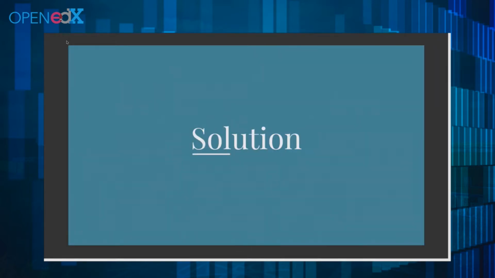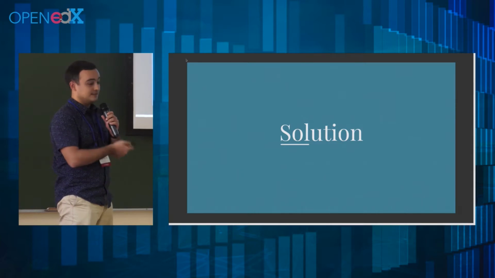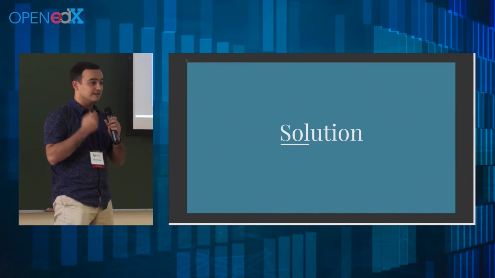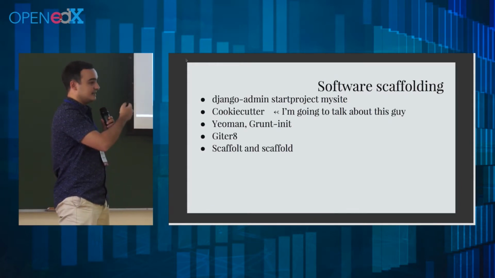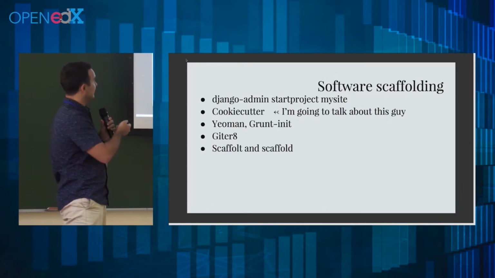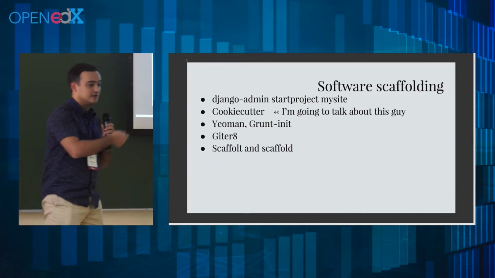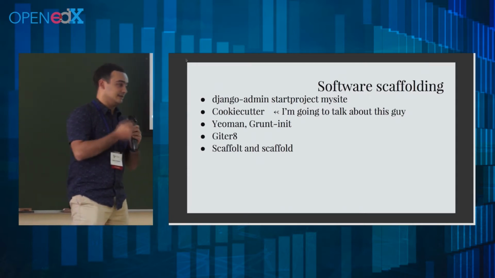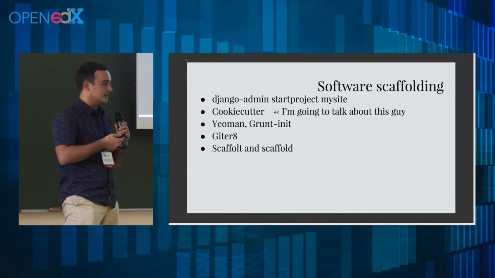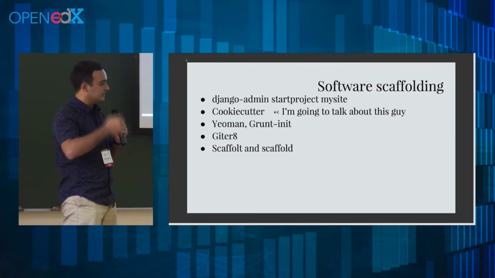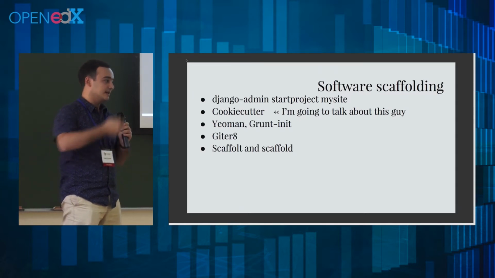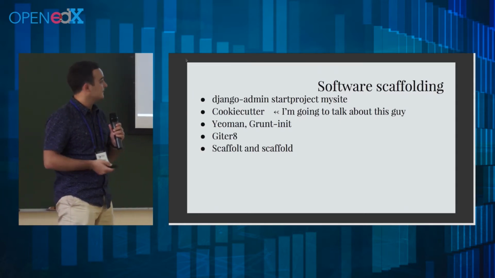Since I'm talking about that, there is a solution. The solution is named software scaffolding. If you've done some development on Django, you actually met that before, because django-admin startproject is exactly what it is. It scaffolds your new project, and there's a command line flag --template that allows you to specify your own template and scaffold the project with your stuff.